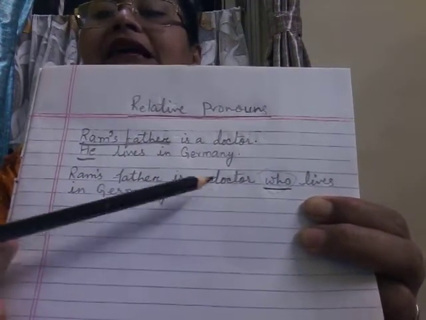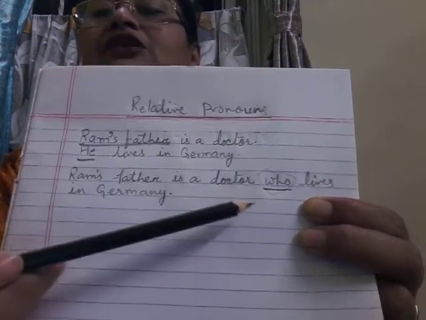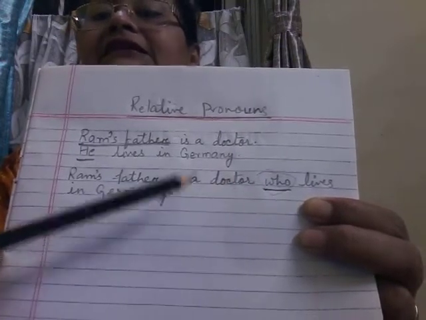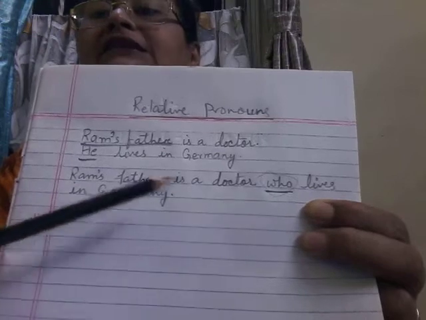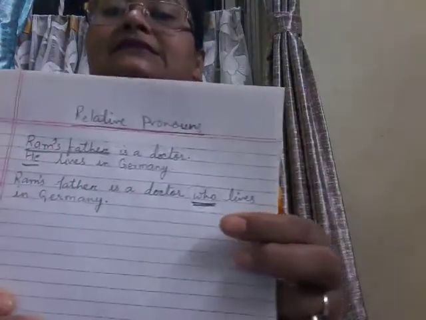As it is a relative pronoun, it is relating who? It is relating Ram's father with doctor. They are the same person. So here, who is used as the relative pronoun.